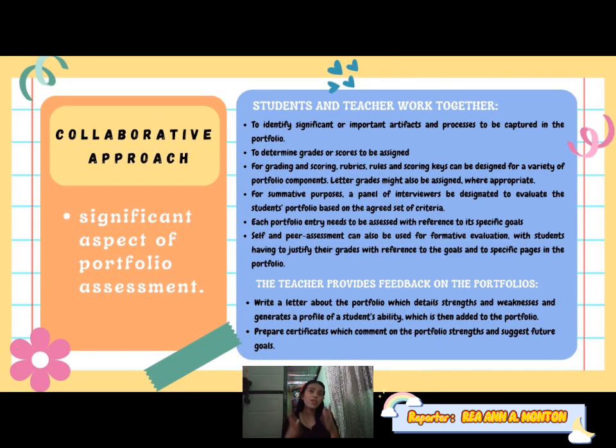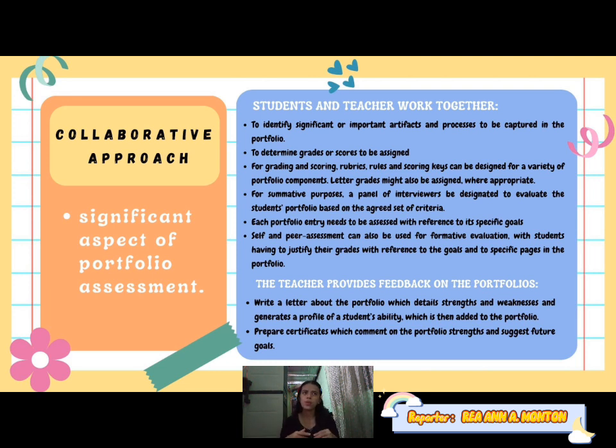Okay, so one of the more significant aspects of portfolio assessment is its collaborative approach. Ano sa ito? Collaborative approach. Ano sa may meaning ang collaborative approach? So collaborative approach is in which students and teachers work together to identify especially significant or important artifacts and processes to be captured in the portfolio.